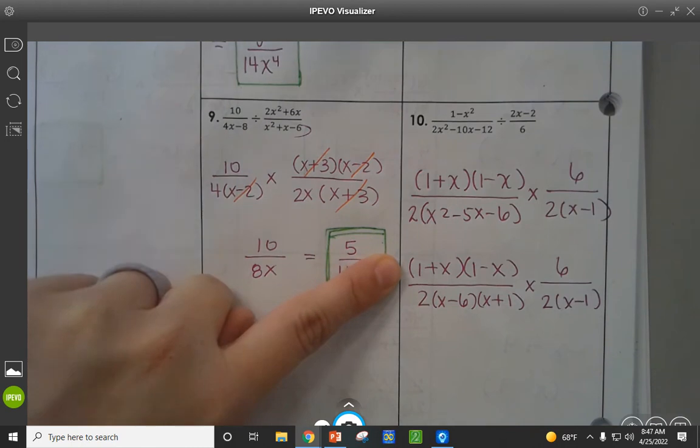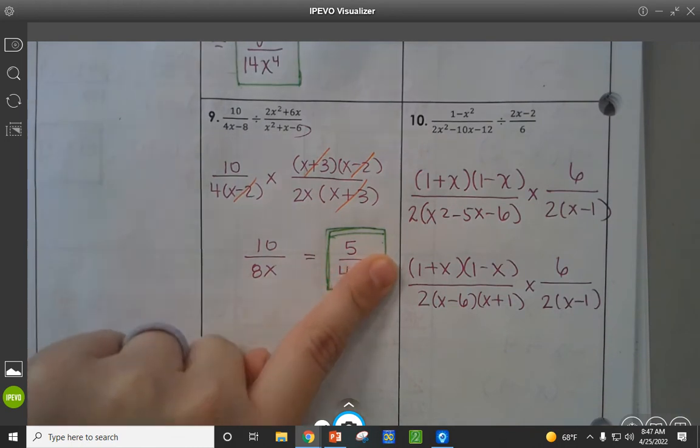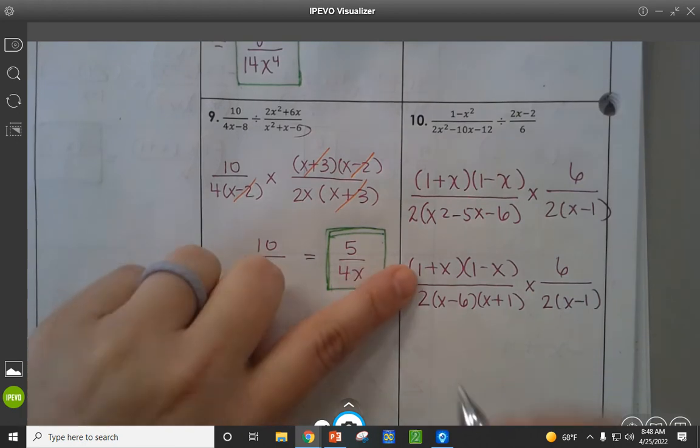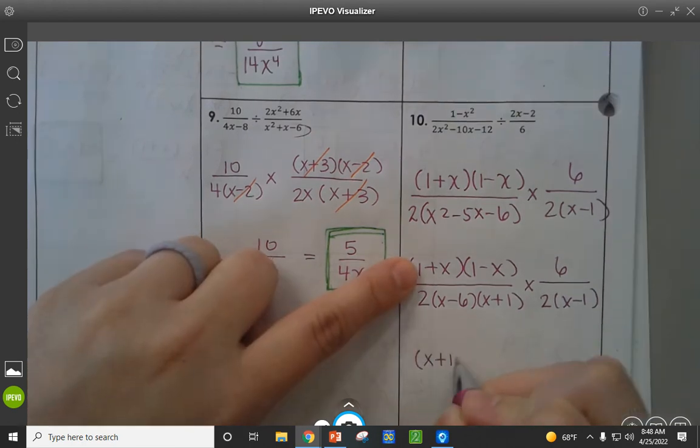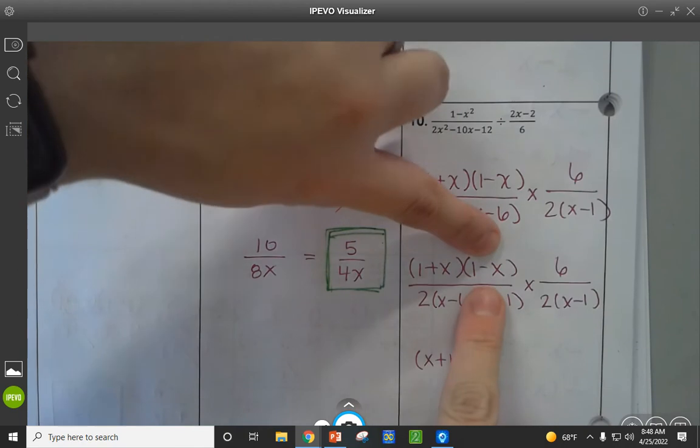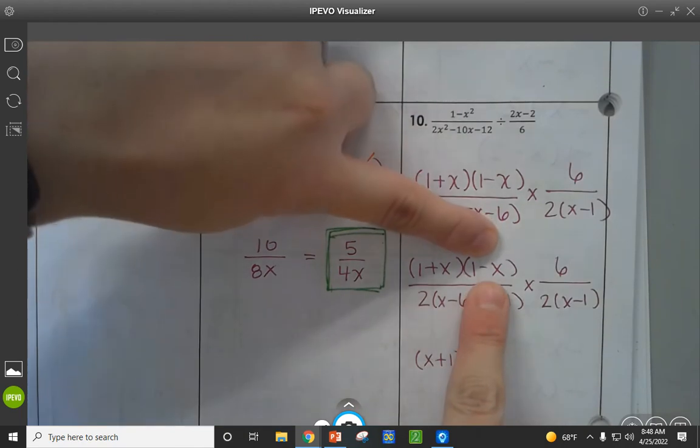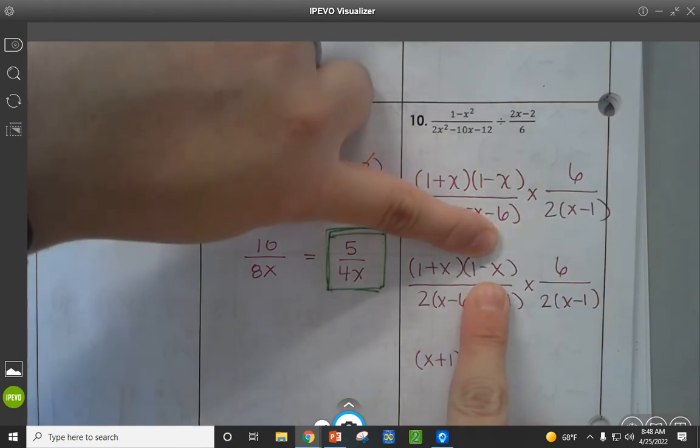Is 1 plus x the same thing as x plus 1? Yes. 1 plus x and x plus 1 actually are the same thing. 2 plus 3 is the same as 3 plus 2. So this one is x plus 1. How can I fix this one so it's x minus 1?